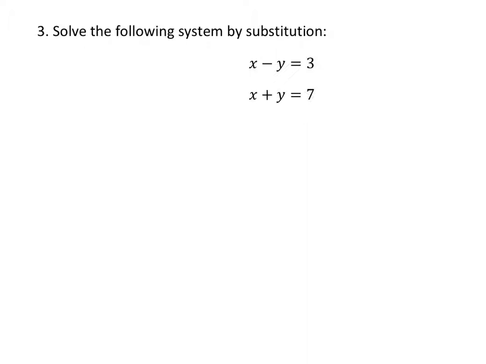Now this is a part where you can have an opinion. It does not matter which equation you choose. We need to solve for a variable. For right now, we're going to solve the first equation for x. Instead of x minus y equal to 3, if I want to get the x by itself, what would I have to move?